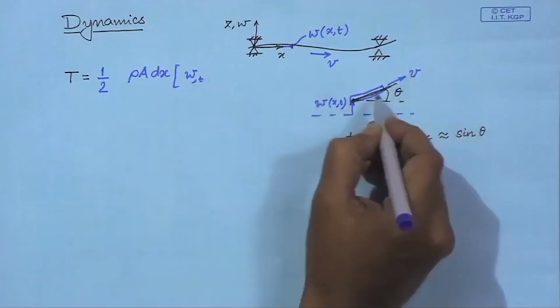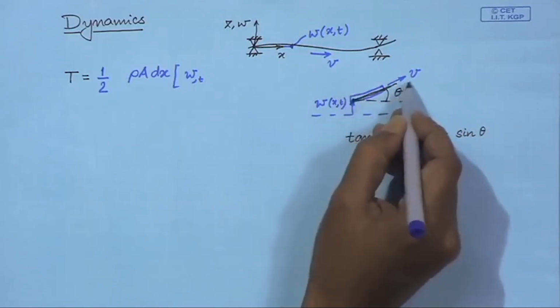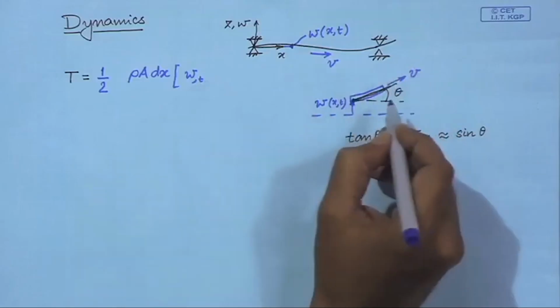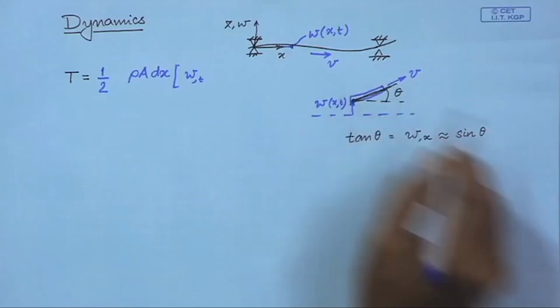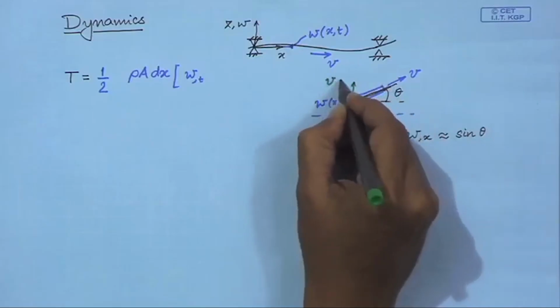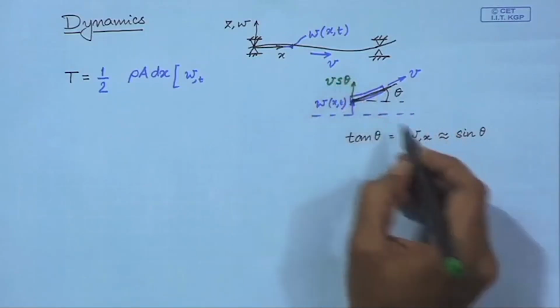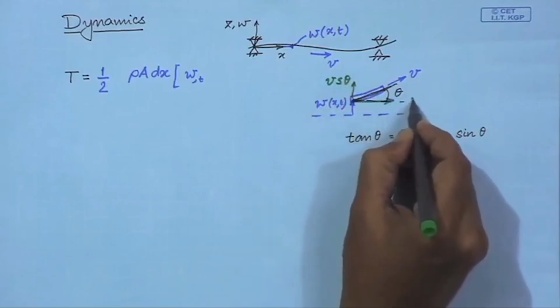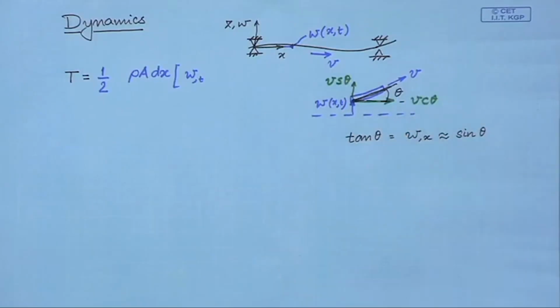So, the transverse component because of this velocity is v sine theta, and the horizontal component is v cosine theta.